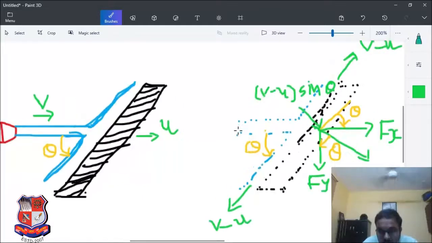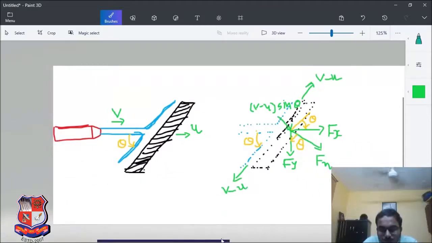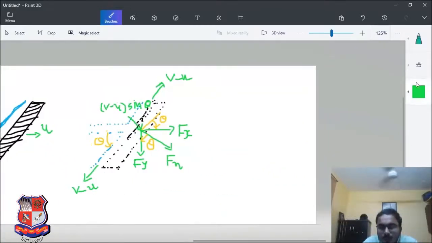Now one more thing that we will be doing here is drawing a force triangle. So this will be our Fx, this will be Fy, and this will be Fn.